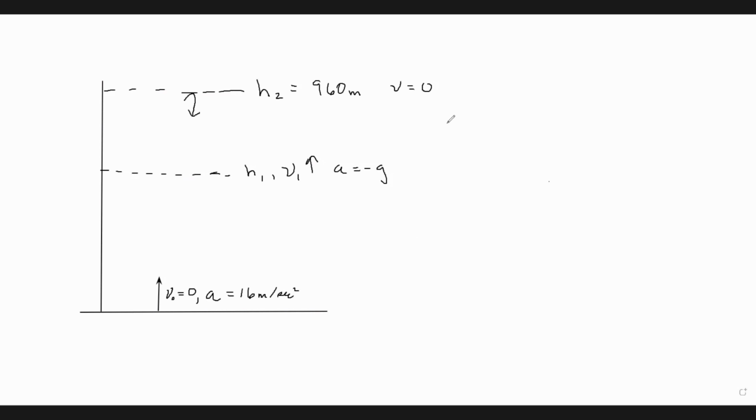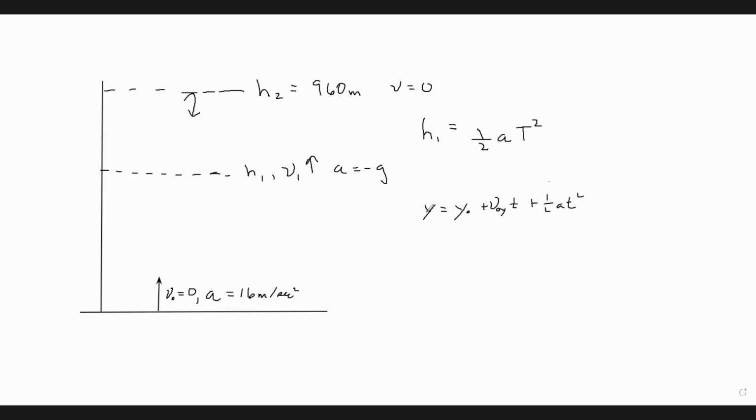So h1 is equal to 1/2 a t squared, where t is the amount of time that it takes to get to h1. So where does this come from? Well, we have a kinematic equation that says y equals y0 plus v0y t plus 1/2 a t squared.